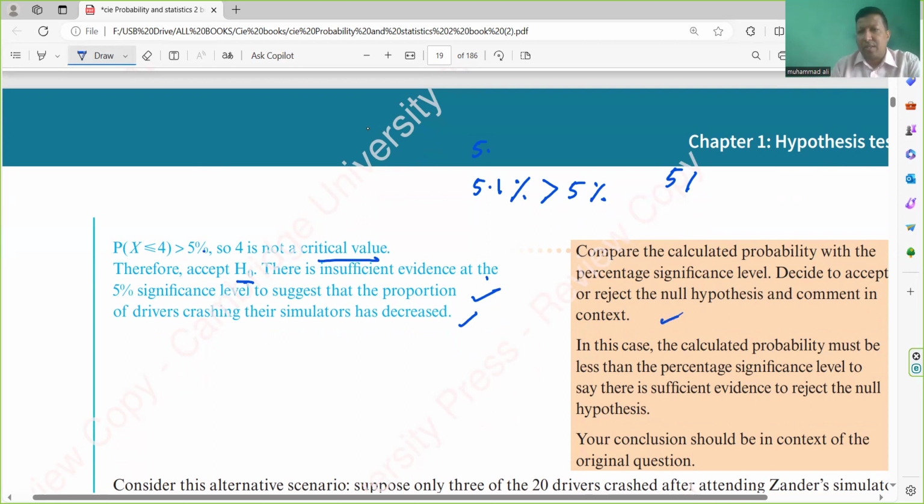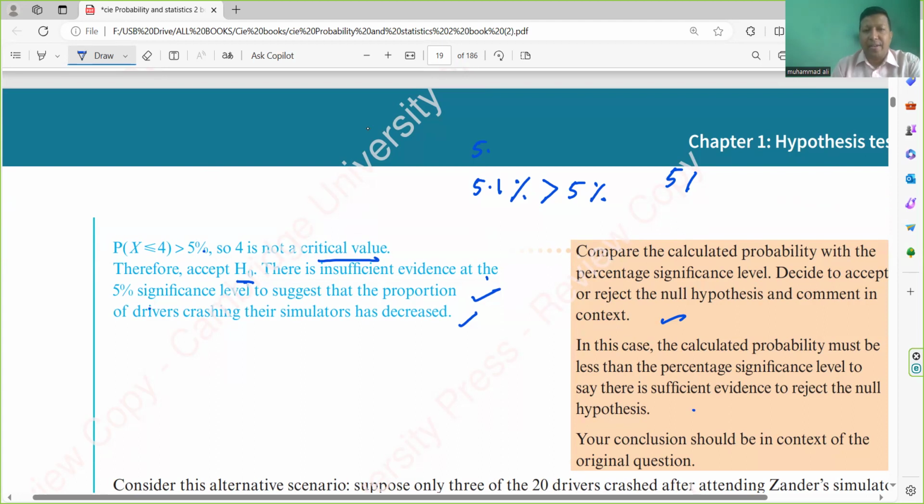In context, the calculated probability must be less than the significance level to say there is sufficient evidence to reject the null hypothesis. But here our probability is greater than 5%. So there is insufficient evidence, at the 5% significance level, to suggest that the proportion of drivers crashing their simulator has decreased.